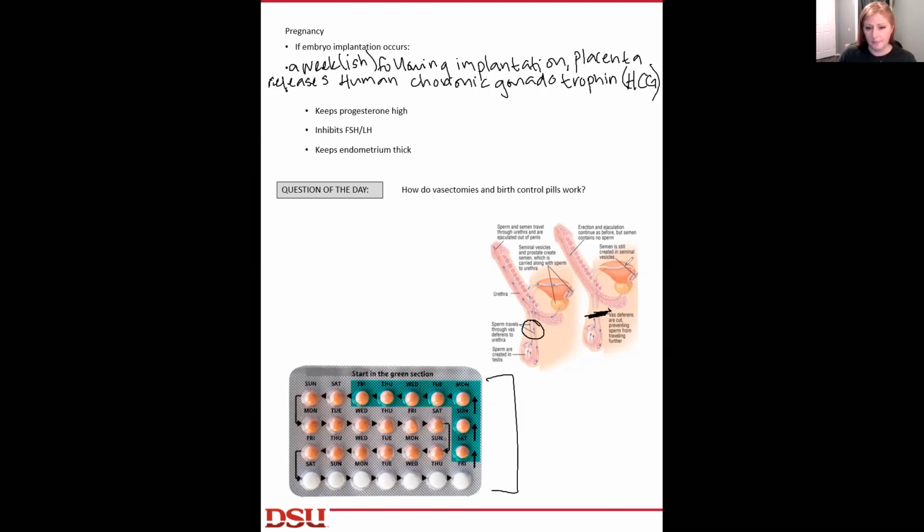Make sense? And again, sometimes that can be reversed by reattaching the two ends of the cut vas deferens. That's it. Everything else continues like normal, except no sperm is mixed in with the semen.